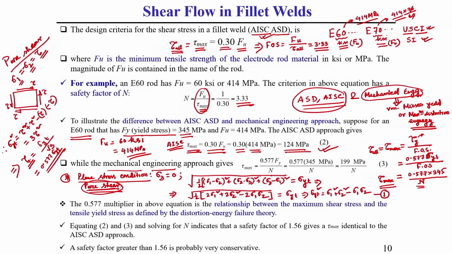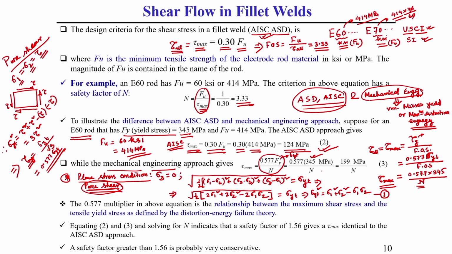So, in the case of pure shear, tau at yield point is 0.577 times Fy, the yield stress due to tension, which is sigma yt. I put the sigma yt value of 345 here, as I already told you.